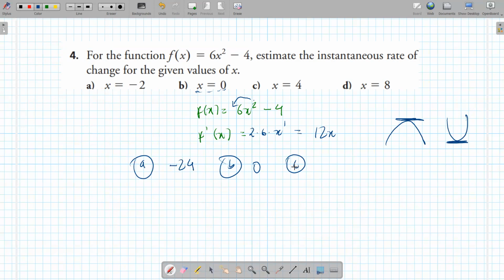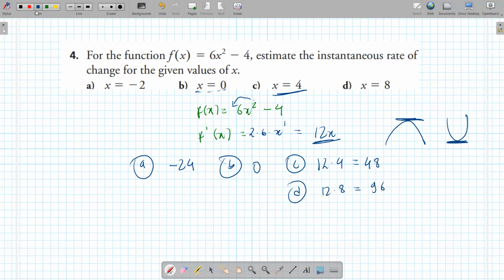This is our IROC function. This is the x value. Multiply them. 48. And then for the last one, it's just 12 times 8. What's 12 times 8? It's 96, and there you go.